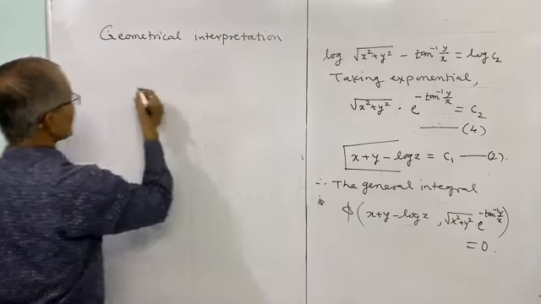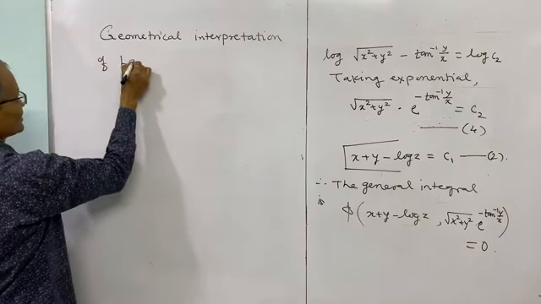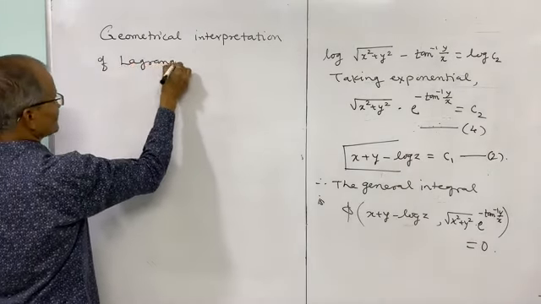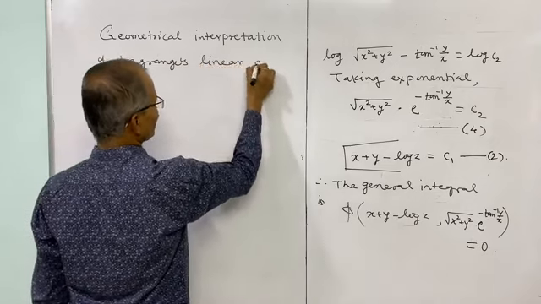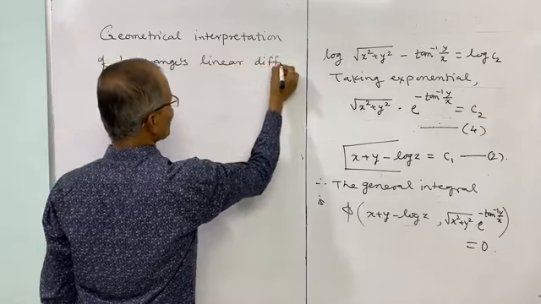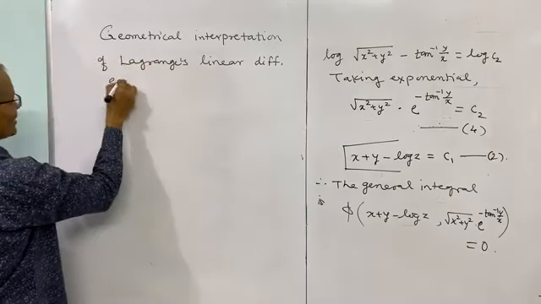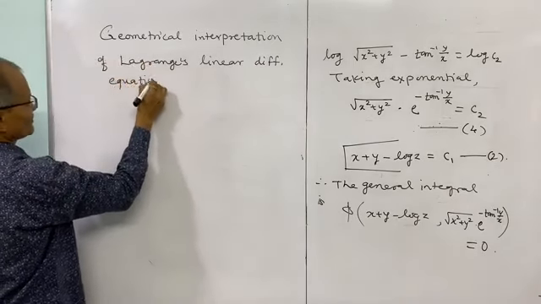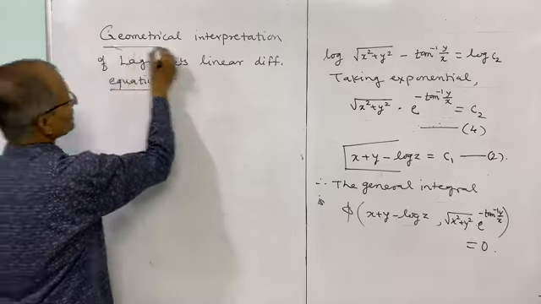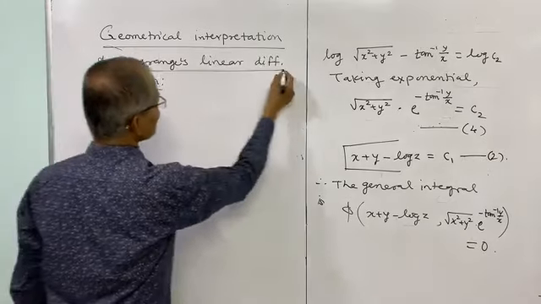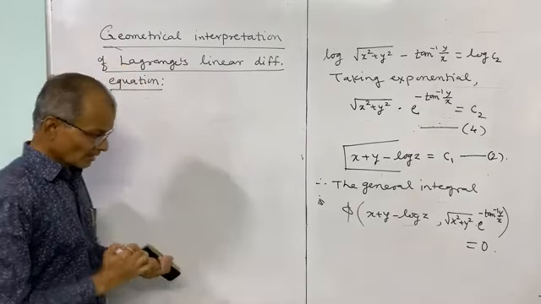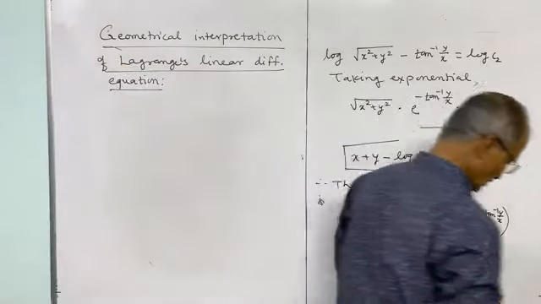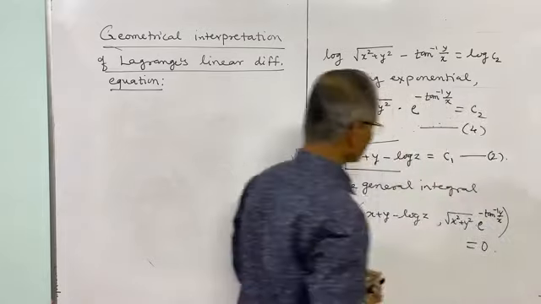Geometrical interpretation of Lagrange's linear differential equation or linear partial differential equation. What it means or what it represents geometrically, that we shall see. Now we have to consider the Lagrange's differential equation.